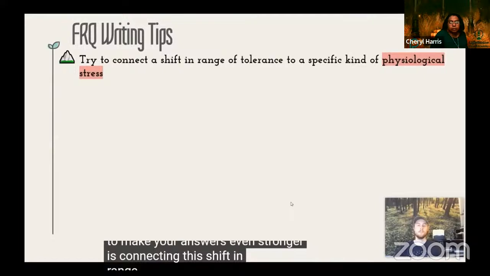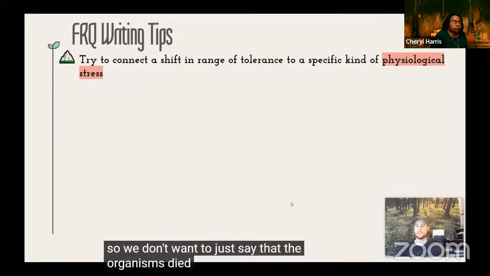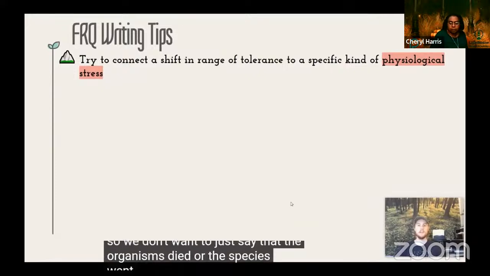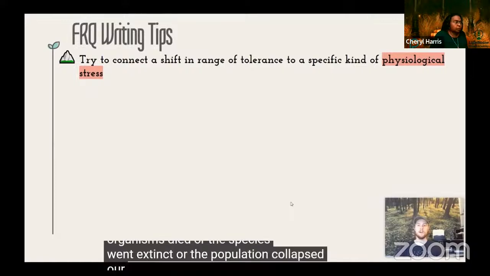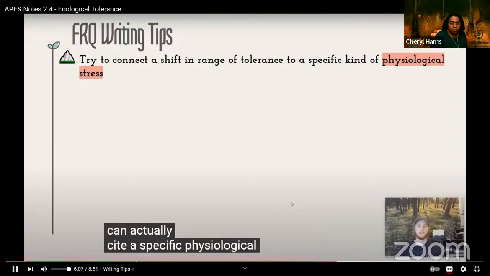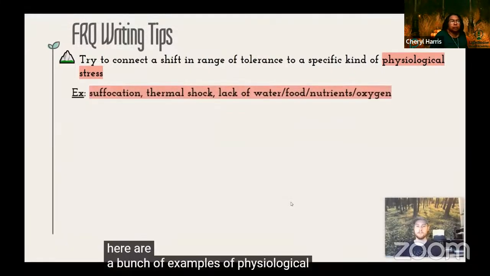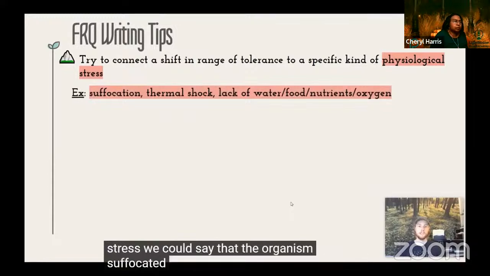Now, another FRQ writing tip to make your answers even stronger is connecting this shift in range of tolerance to a specific physiological stress. So we don't want to just say that the organisms died or the species went extinct or the population collapsed. Our answer will be much stronger if we can actually cite a specific physiological stress. So here are a bunch of examples of physiological stress. We could say that the organism suffocated, so it didn't get enough oxygen in order to survive.